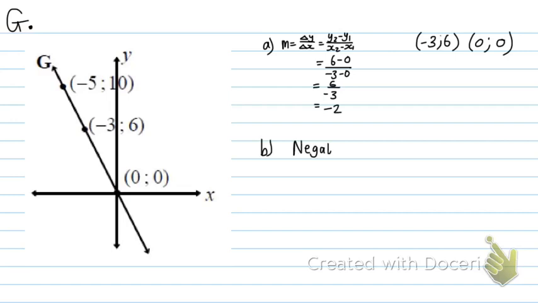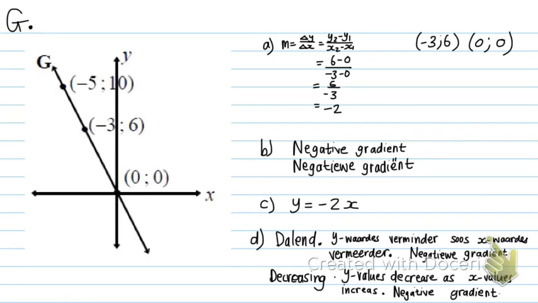It's a negative gradient. And then when I have to write it as an equation, it's y is equal to -2x. Is it increasing or decreasing? It is decreasing. Y values decrease as x values increase, and it has a negative gradient.